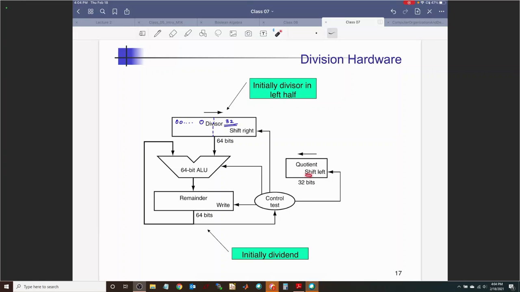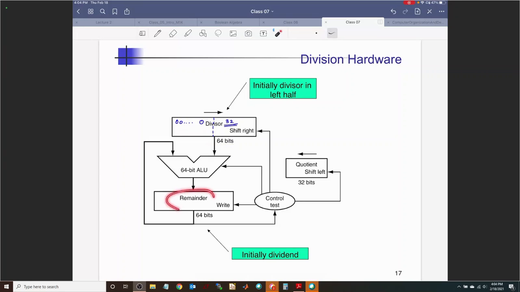When we do shift left, we either put a 0 or a 1 depending on that comparison. Right? We look at the remainder. If it is positive or negative, we shift left quotient, filling it by a 0 or a 1. Filling that empty spot with a 0 or 1. Okay. And because this is a 64-bit divisor field, bunch of them are zeros, but it is a 64-bit divisor.